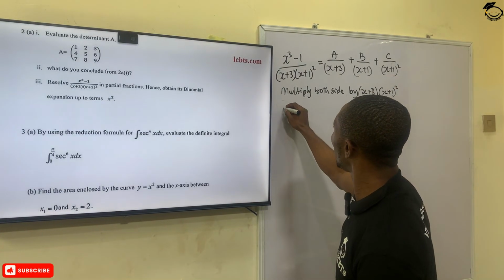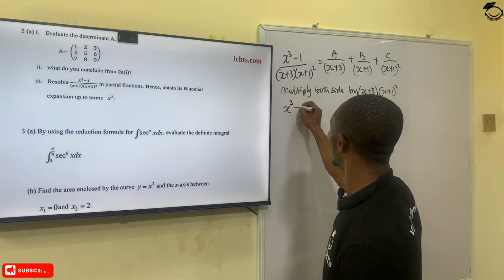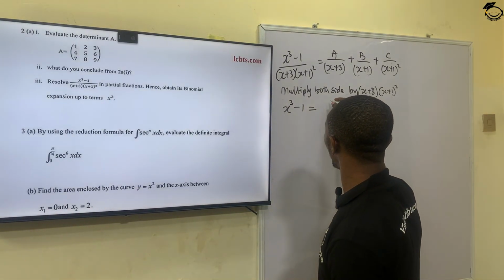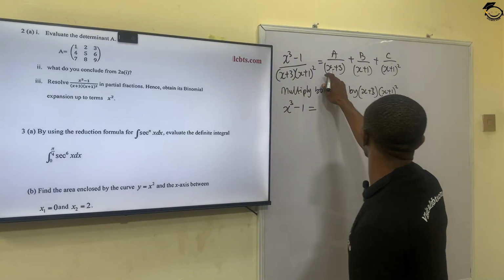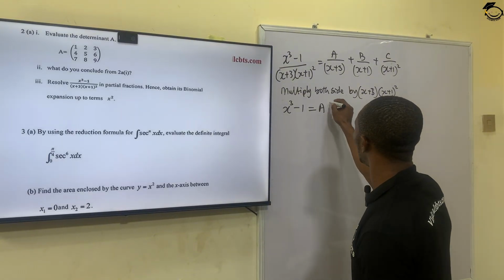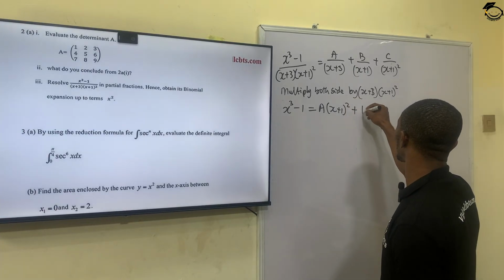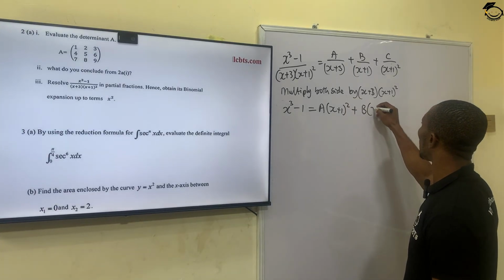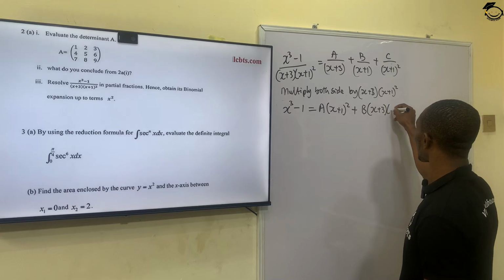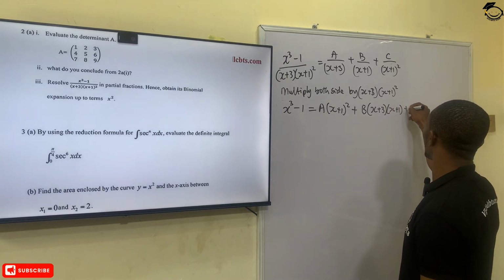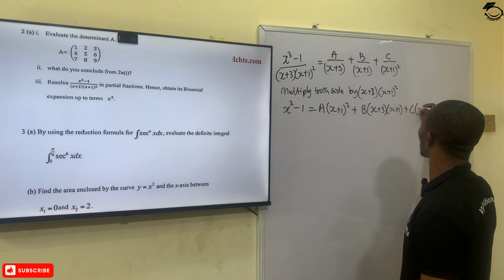So this would be x cubed minus 1 equals, here we have A bracket x plus 1 all squared, plus B bracket x plus 3, x plus 1, plus C bracket x plus 3.